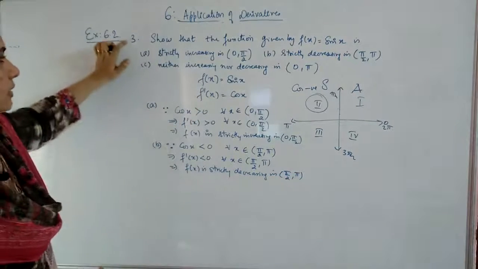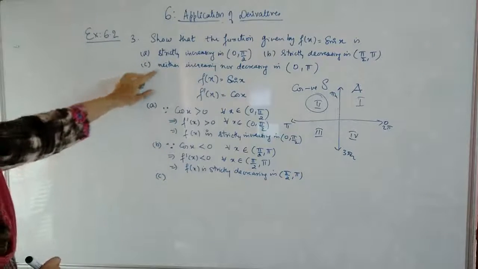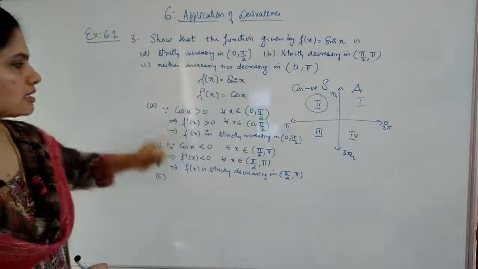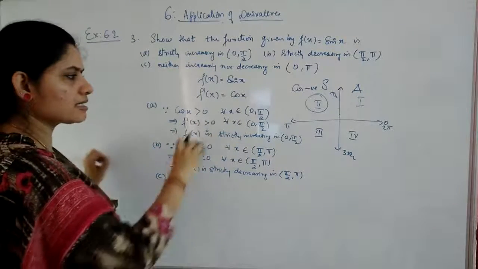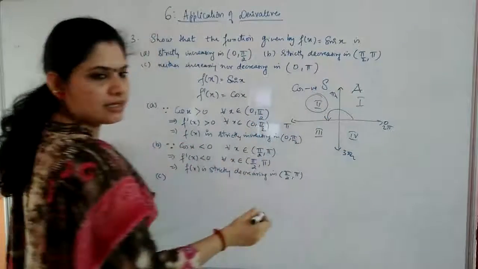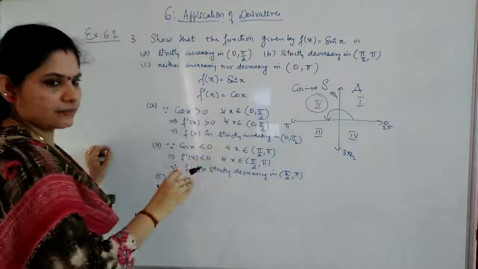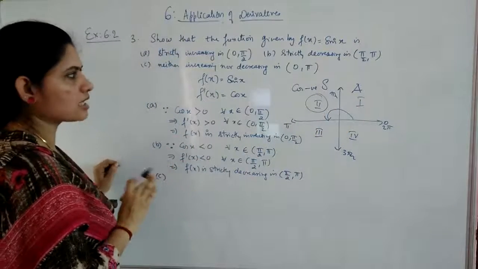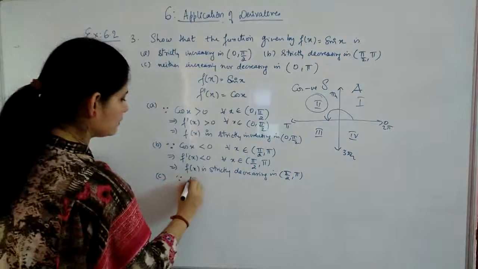Now the next thing is the third case, which is neither increasing nor decreasing. Since in certain parts the function is increasing and in certain other parts it is decreasing, when you check the total interval, at that time we will say that the function is neither increasing nor decreasing.